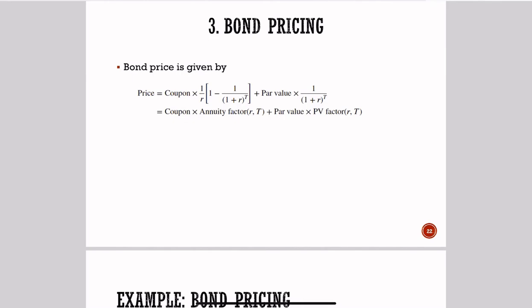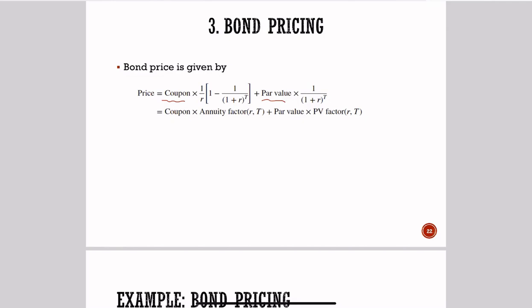And you will look at two sets of cash flows. The first set is coupon payments. The second set is the par value, or your principal. And then you would discount coupon payments, and you would also discount the par value. To understand this formula, you could see that coupon payments is essentially a T-period annuity, right? Because you are getting this coupon, let's say it's an annual payment, and then you will get this every year.